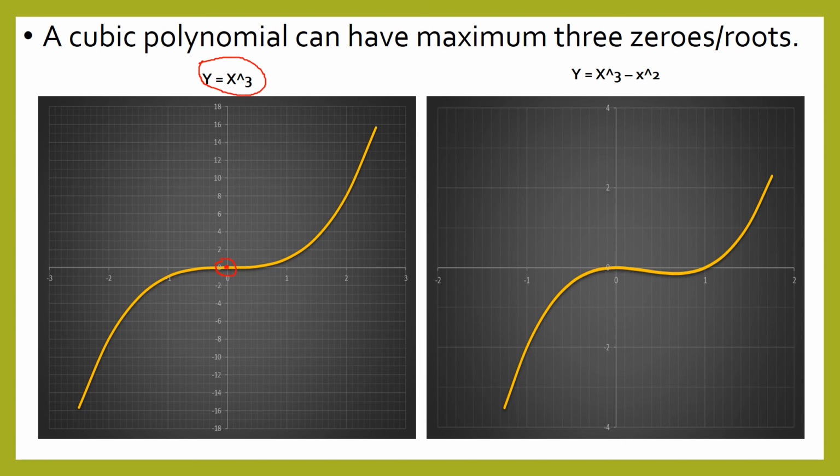Whereas if you draw y equal to x cube minus x squared, it will cut the horizontal axis at two places. One is (0, 0) and the other is (1, 0). So it will have two zeros. One is 0 and the other is 1.